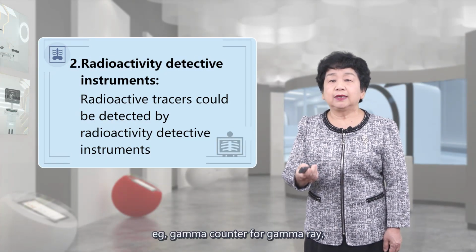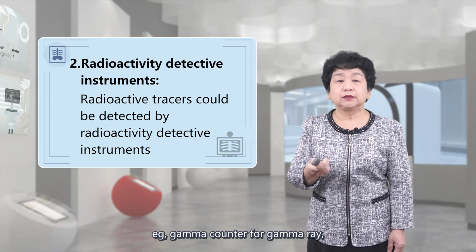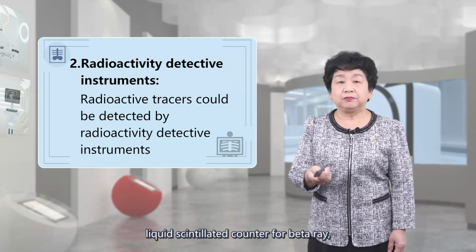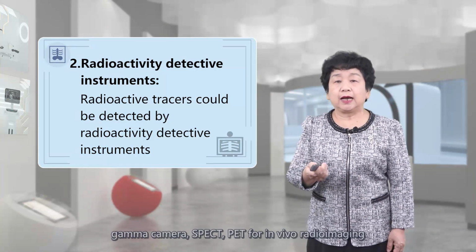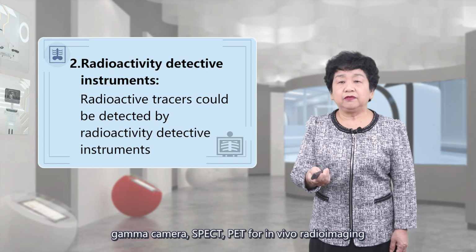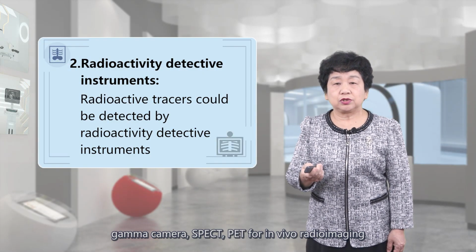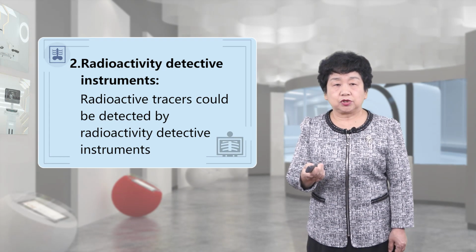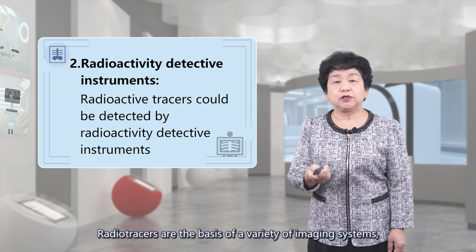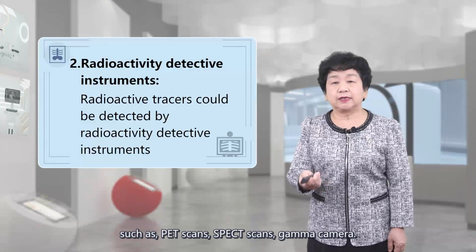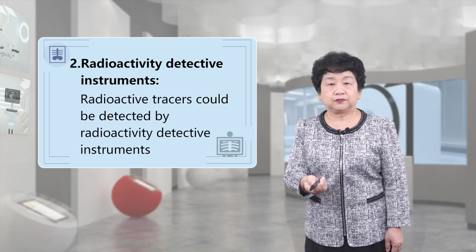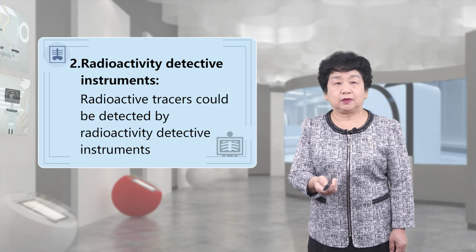For example, gamma counter to count the gamma ray, liquid scintillated counter to measure beta ray, gamma camera, SPECT, PET, in vivo radio image to form the image. Radio tracers are the basis of a variety of imaging systems, such as PET scan, SPECT scan, gamma camera. So it's very important.